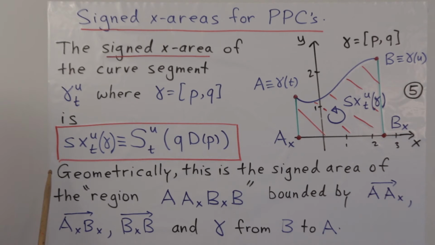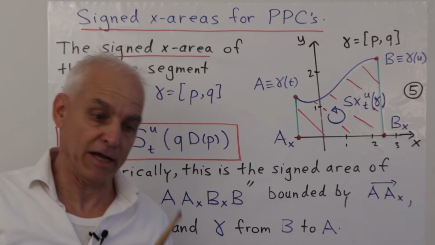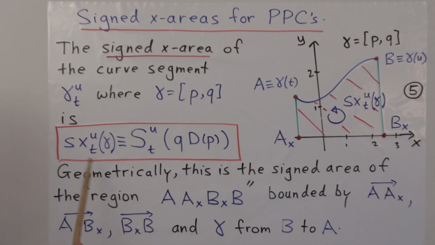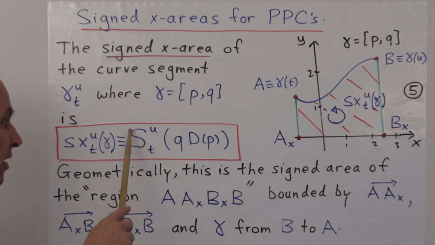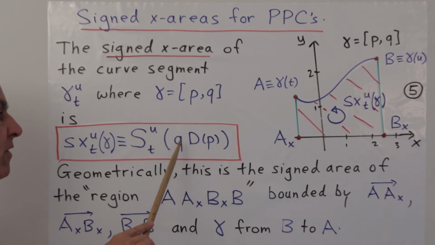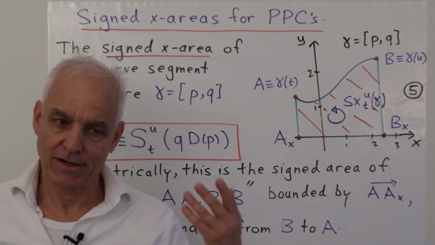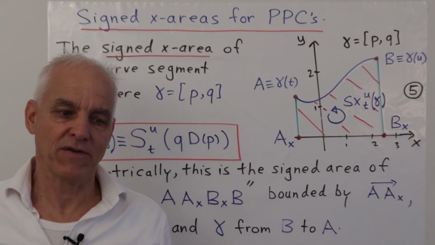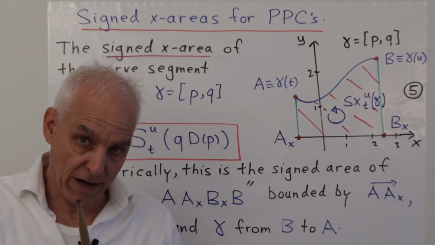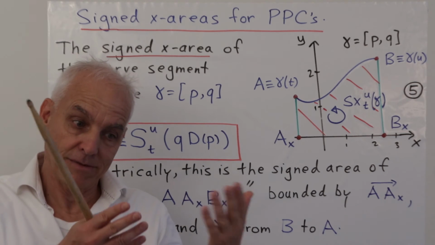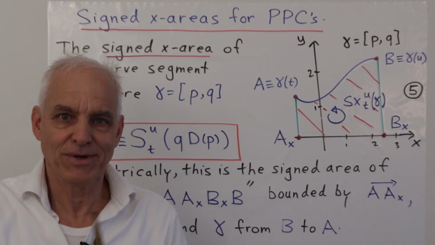It's like a signed area, S, but Sx, meaning that it's a signed x area, still going from t to u and still of the curve gamma. The definition is that it's the Faulhaber integral from t to u of q dp.